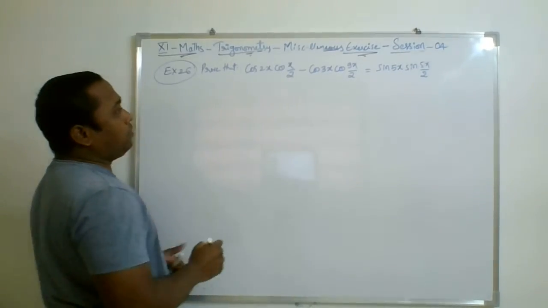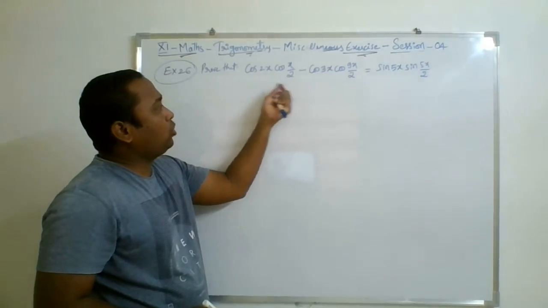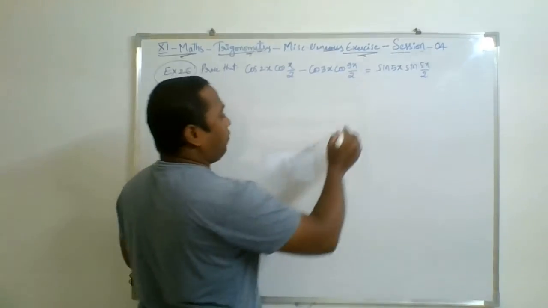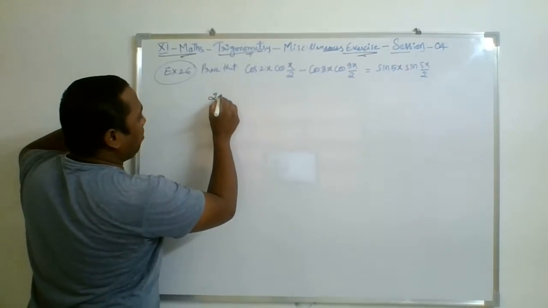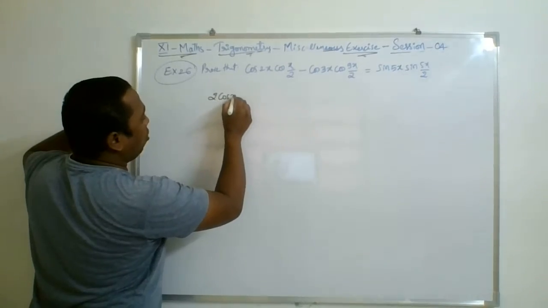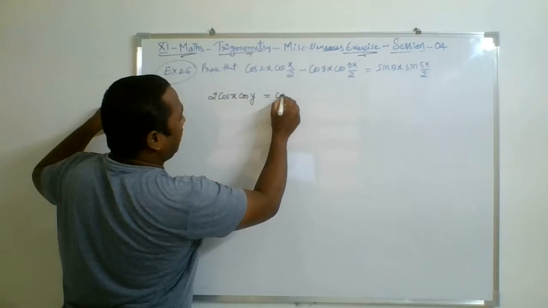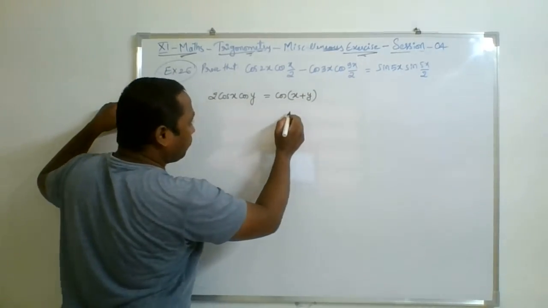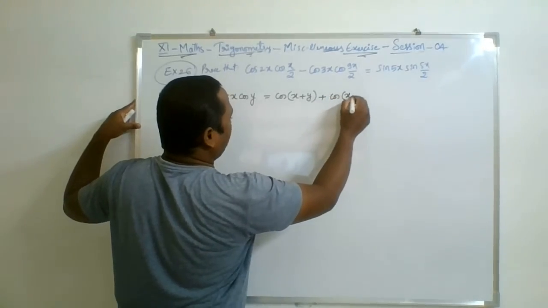Now, if you observe the left hand side of this question, it is related to a formula again. That formula is in the form of 2 cos x into cos y, which is given as cos of x plus y plus cos of x minus y.